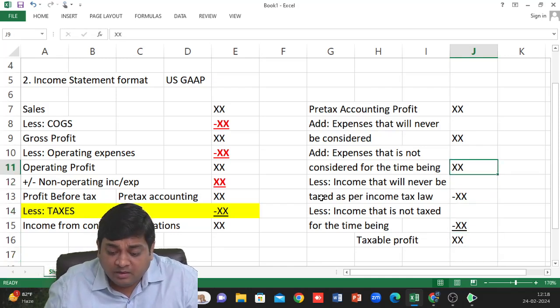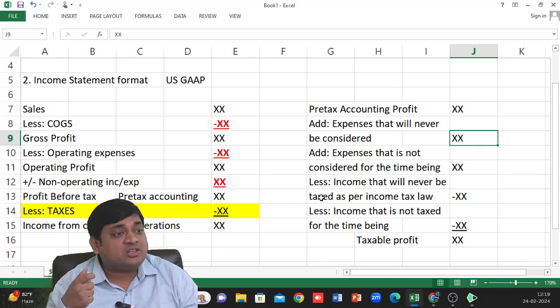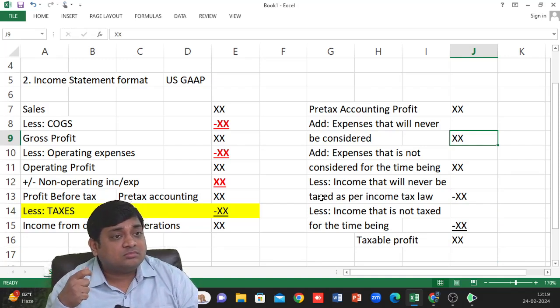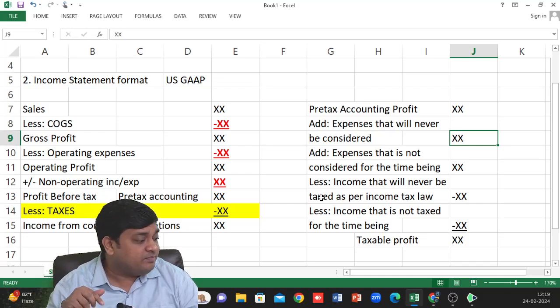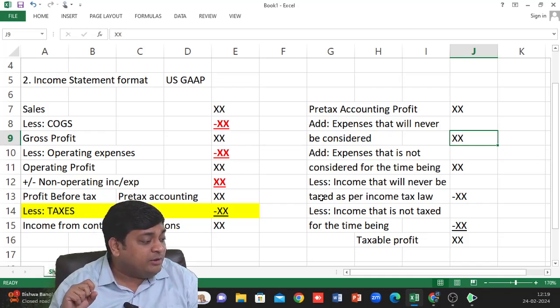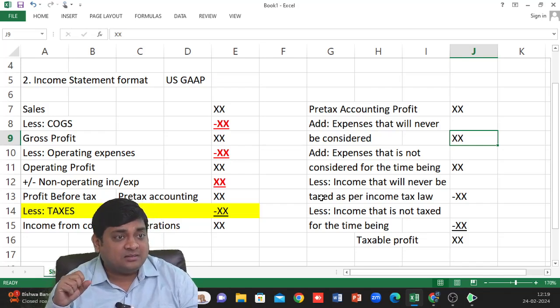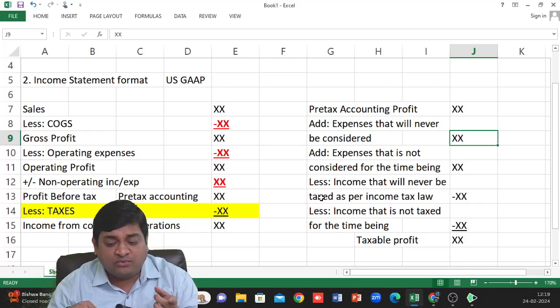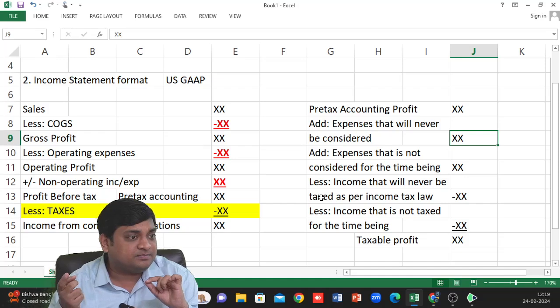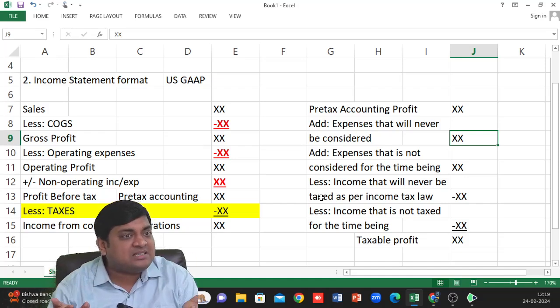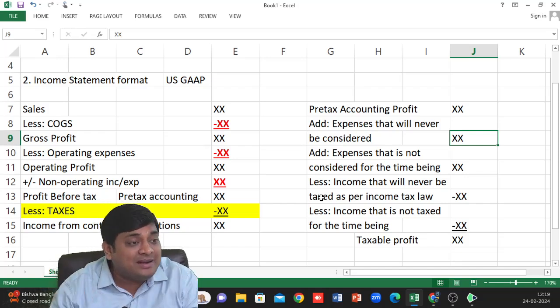So the items due to which there is a difference between the pre-tax accounting profit and taxable profit are either permanent differences or temporary differences.